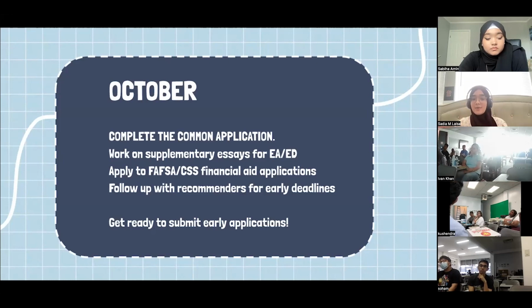This is also the time when FAFSA and CSS open. You can start looking at that if you have time, but you can also do it later, I think. And if your recommenders don't tell you that they're ready around mid-October, make sure to be on their tail constantly, because at the end of the day, it's the next four years of your life that's being impacted.